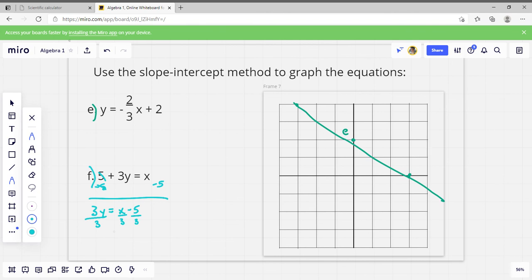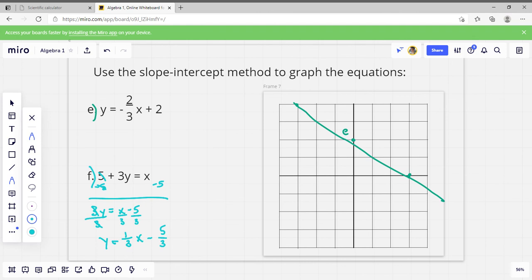Make sure I wrote that right. Plus 3y equals x. Yep. All right. So then I'm going to get y equals 1/3 x minus 5 over 3.